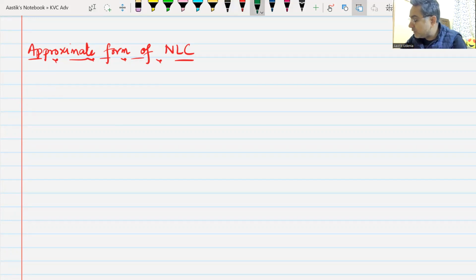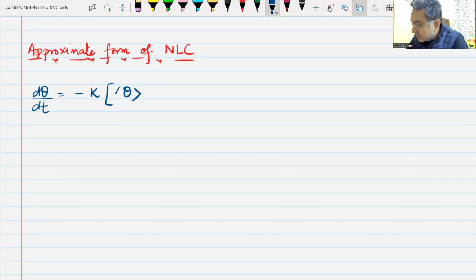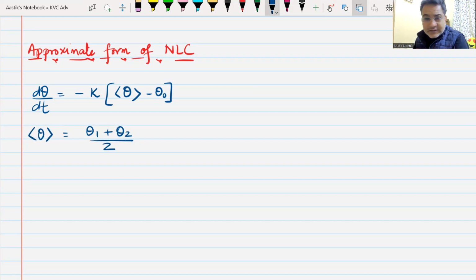In the approximate form, d theta by dt, the rate of change of temperature, is written as minus k times (theta average minus theta naught), where theta average is taken as (theta 1 plus theta 2) divided by 2, that is, initial temperature plus final temperature over 2. So the approximate form of Newton's law of cooling looks like this.